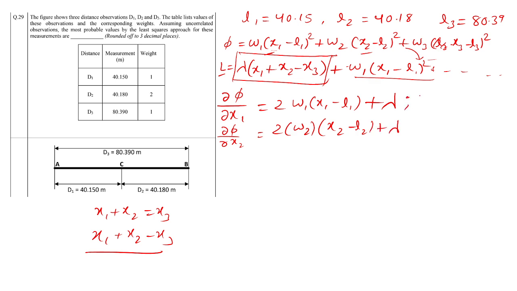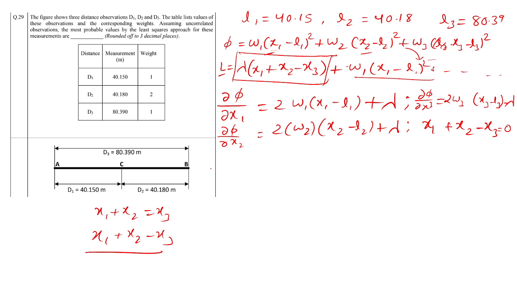Now d phi by dx3, here also 2w3 (x3 minus l3), and here minus lambda will come. And then another we will take with respect to lambda, which is our fixed equation, that is x1 plus x2 equal to x3. So this is what we have done, we have formed the equations.